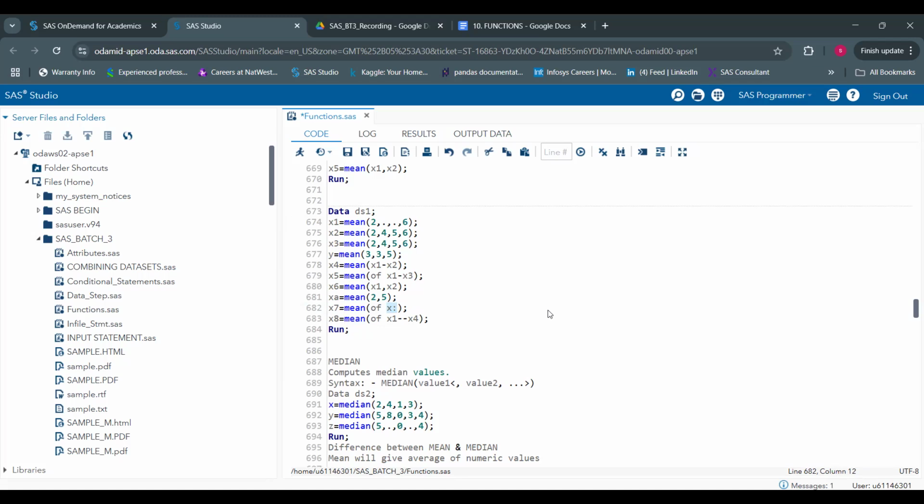Why 5 by 7, ma'am? No, no, I'm saying 7. 1, 2, 3, 4, 5, 6, and a, that is 7. Total 7 values.